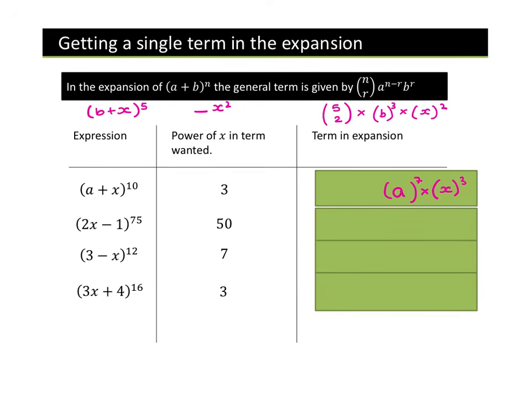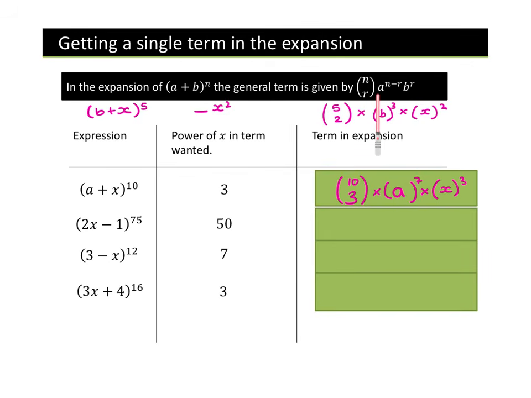And then I also know that it's going to be 10 choose. Now, funnily enough, I don't know if anyone's noticed this, but we actually choose the power of the x. So if you look, here it's 5 choose 2. It's 10 choose 3. Okay? And here you can see why.